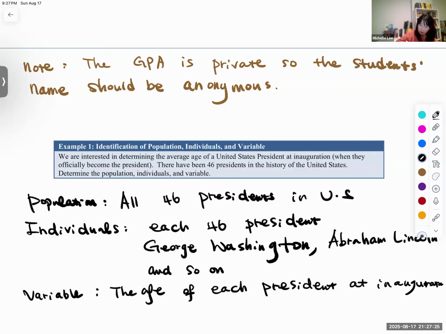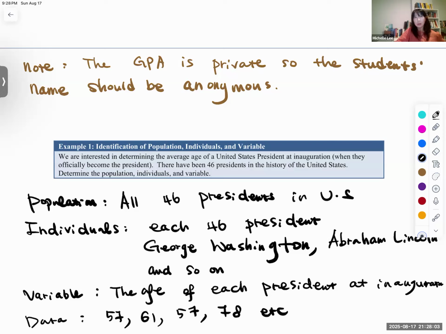Yep. Then what's the data will be the age. So maybe we can look it up on Wikipedia, right? So George Washington, 57, and not sure Abraham Lincoln. So just pretend, right? 61 and 57, and Joe Biden, 78, etc. Right? Okay. You guys okay?